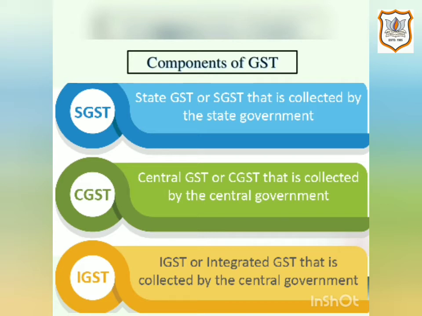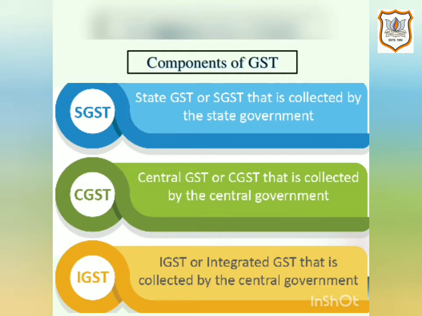GST is levied on a common base by both the central and the state government simultaneously. The GST has three different components, that is CGST, SGST, and IGST. CGST refers to Central Goods and Service Tax, which will be levied by the central government. Then second one is SGST. SGST refers to State Goods and Service Tax, which will be levied by states.